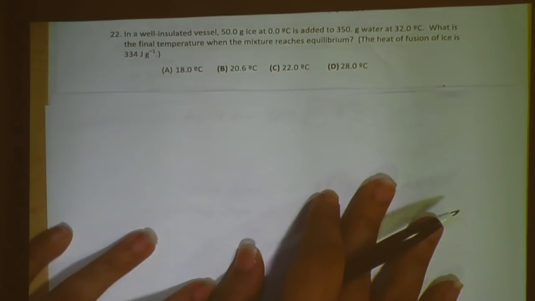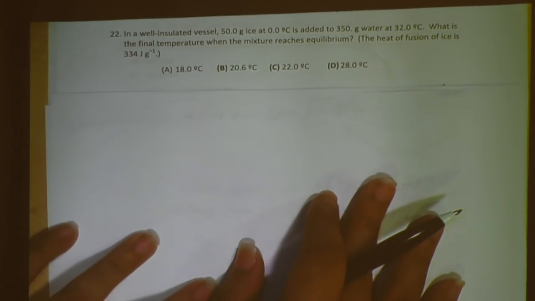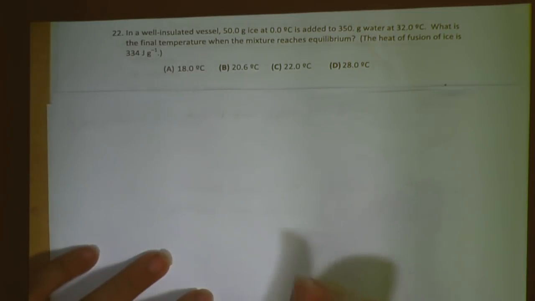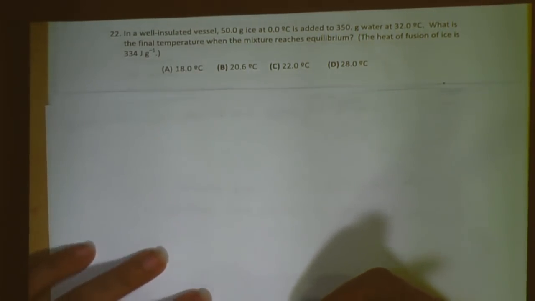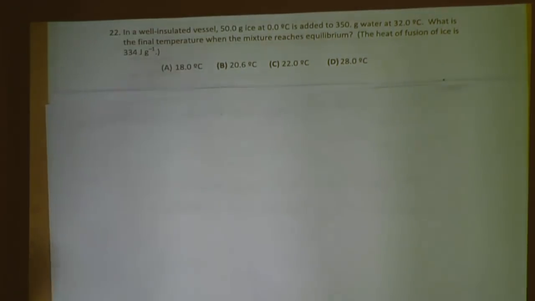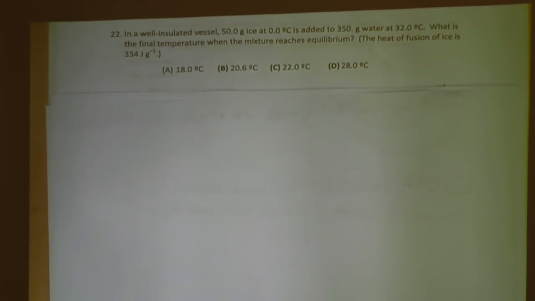In a well-insulated vessel, 50 grams of ice at 0 degrees Celsius is added to 350 grams of water at 32 degrees Celsius. What is the final temperature when the mixture reaches equilibrium? It's telling you the heat of fusion is this. The reason it's giving you heat of fusion is because it starts at 0 degrees. So anytime we reach a temperature where it's a melting point or a boiling point, we use something called heat of fusion.